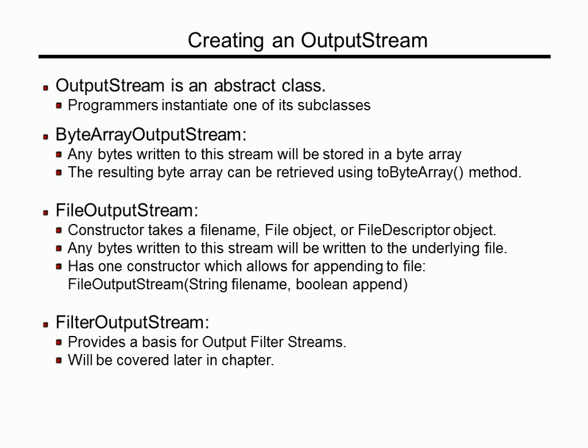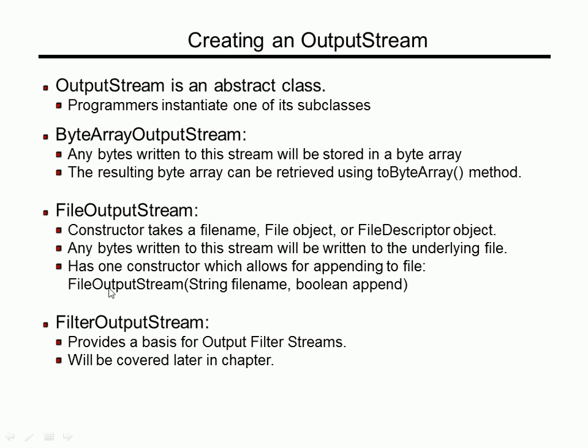So creating an output stream, just as with the input stream, this is also an abstract class. So you have the byte array output stream, file output stream, filter output stream, just like the other ones. But note here, the file output stream, look at the constructor. It takes a file name, a file object, or a file descriptor.